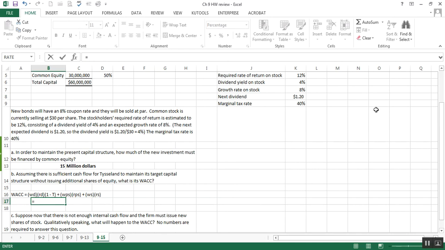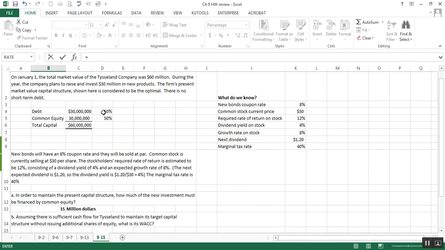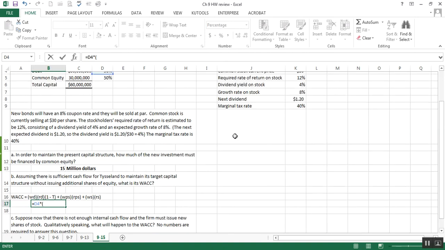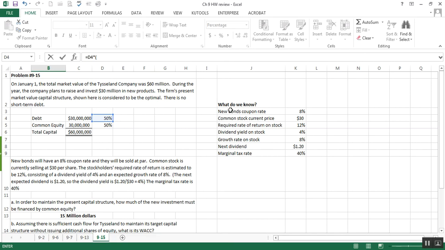We're going to take the weighting for debt, which is 50%, times the rate on debt. It would be the new bond coupon rate, because that's what we can issue it for today, times 1 minus the marginal tax rate, plus the rate on our common equity, so it would be the required rate of return, times our weighting of common equity.